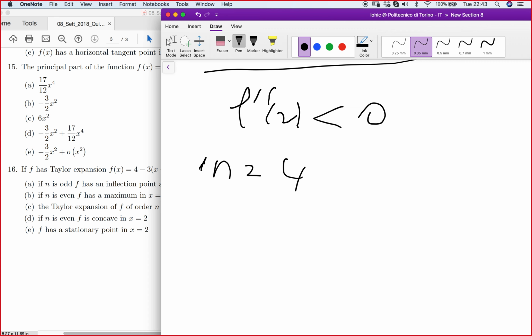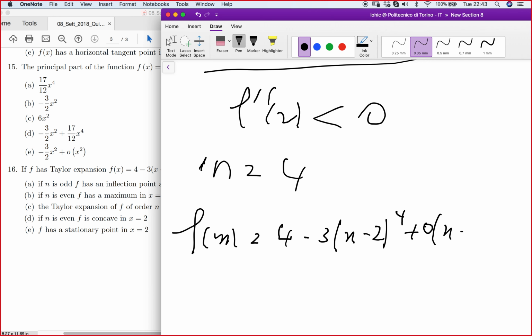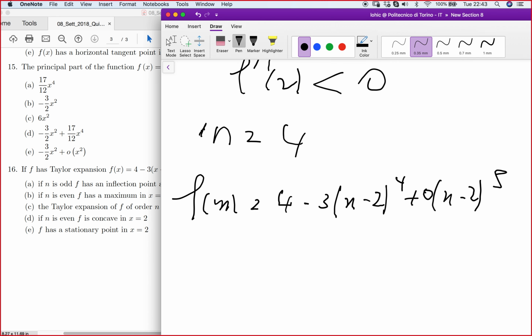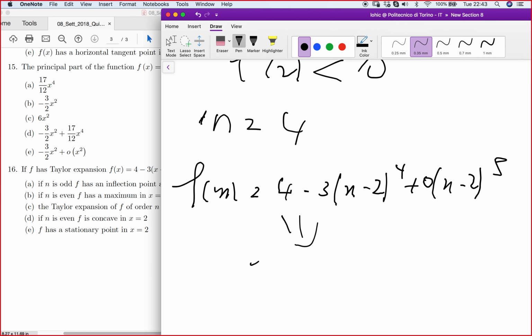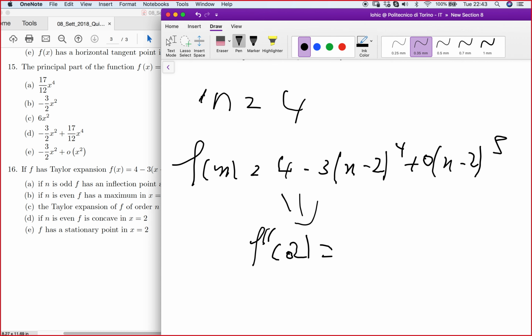If n is 4, the function will be f of x equal to 4 minus 3 multiplied by (x minus 2) to the power 4 plus little o of (x minus 2) to the power 5, right? This means that the second derivative is how much? The second derivative at 2 will be what?